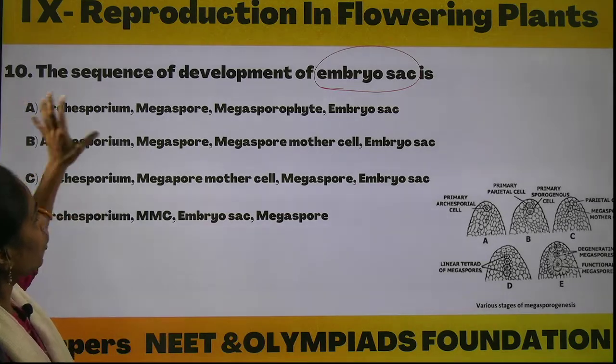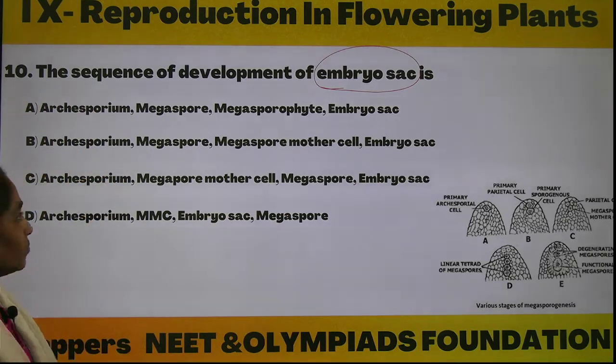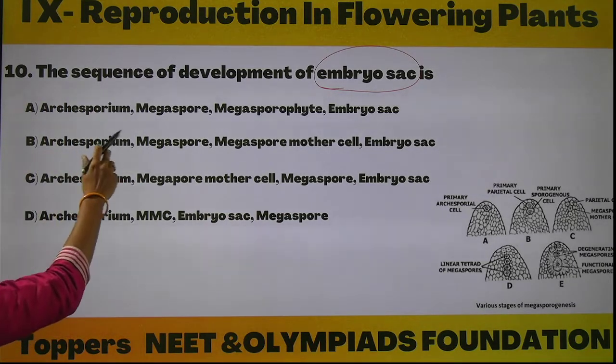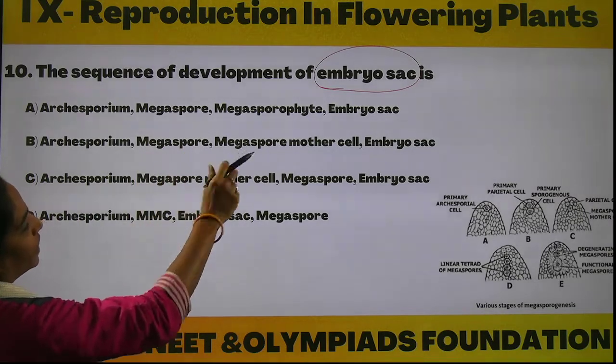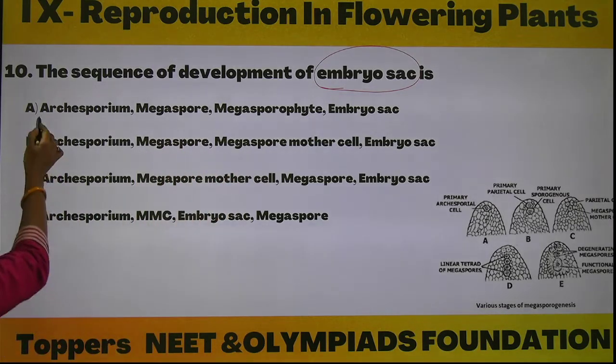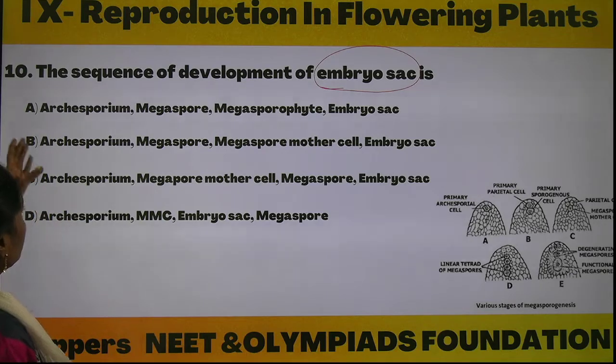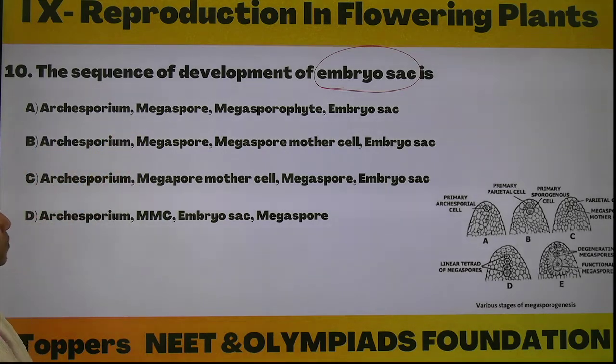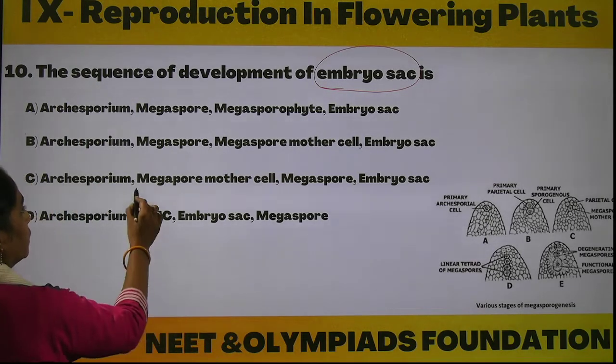Out of all these, which is the correct one? Let us see: Archisporium, megaspore, megasporophyte and the embryo sac. Is this the correct option? Archisporium and the megaspore mother cell come first. So after the Archisporium, where is the megaspore mother cell? In this option.